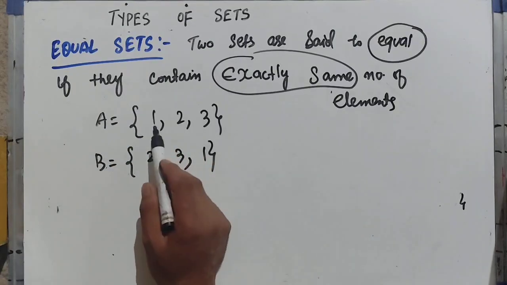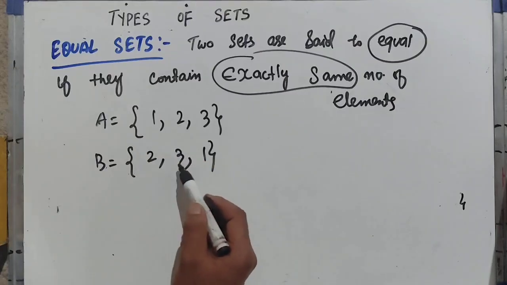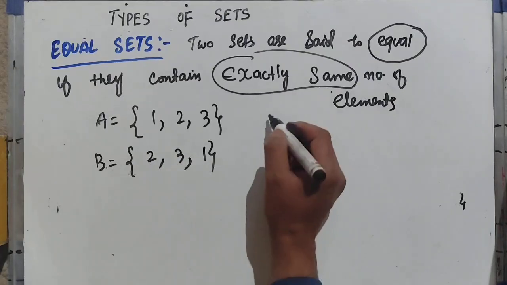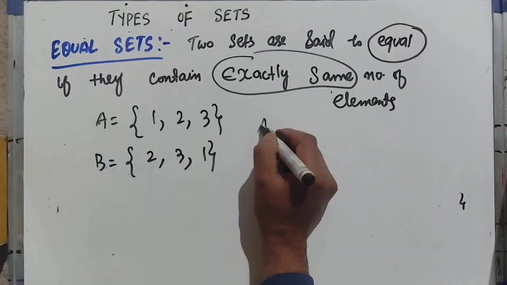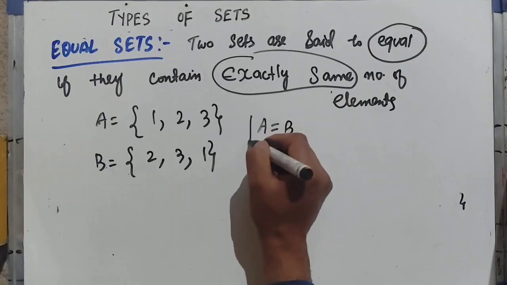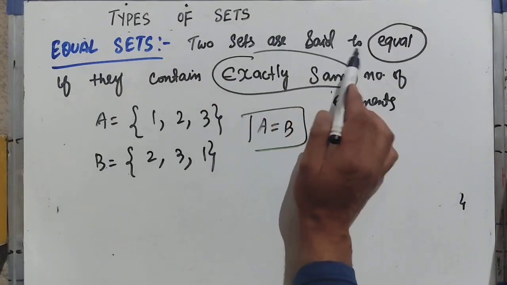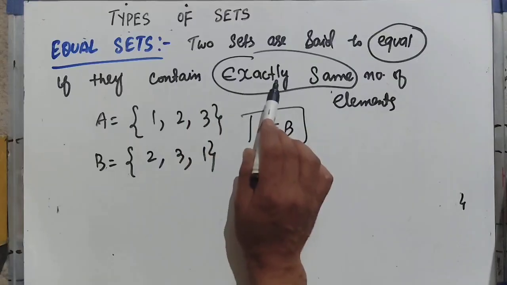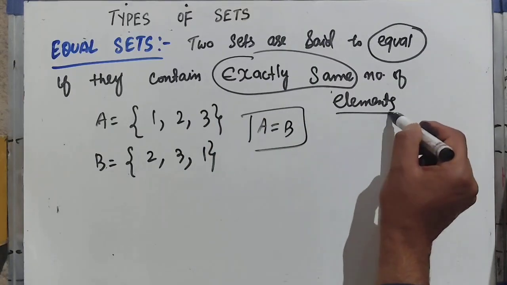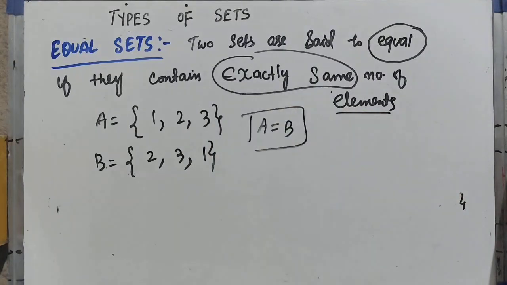Two sets are said to be equal if they contain exactly the same elements. Why am I stressing on this word exactly?